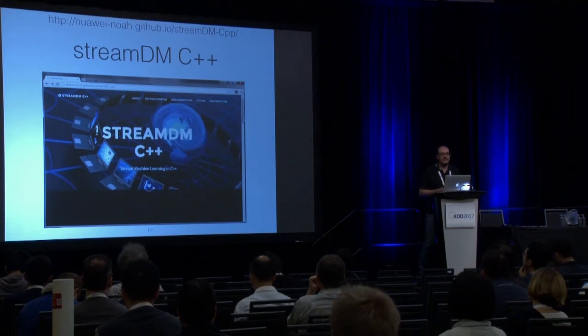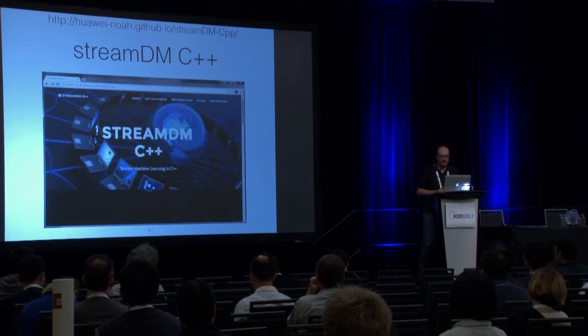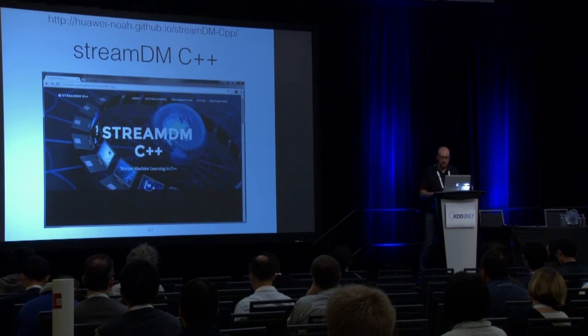It has the advantage, as it's in C++, of being much faster than Java, and this is because at Huawei there was a need for really, really fast algorithms. So in that case, this is why we need to have this new library that is in C++.